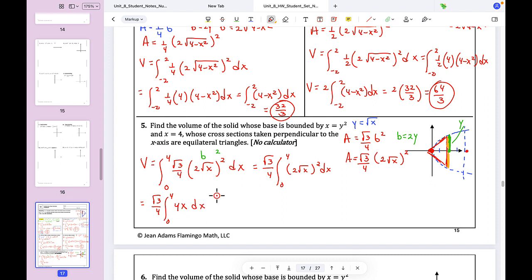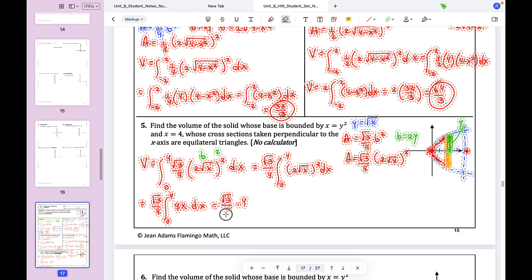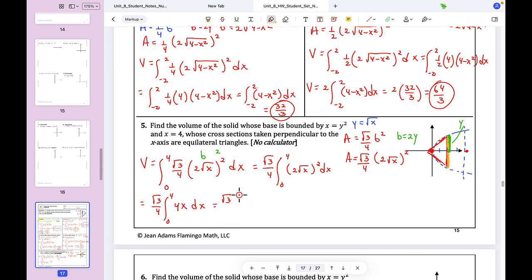dx, right? Bringing this 4 outside, square root of 3 over 4 times 4, so those 4's are going to cancel, right? So I'm just left with the square root of 3 times the integral from 0 to 4 of x dx, right?